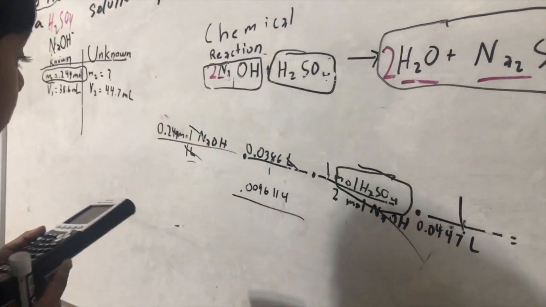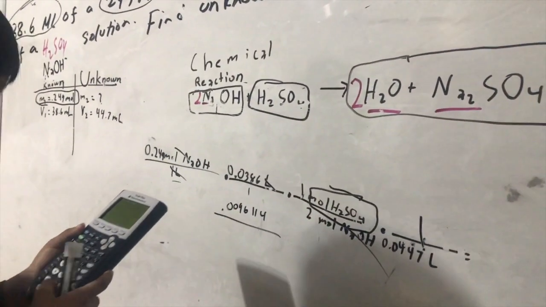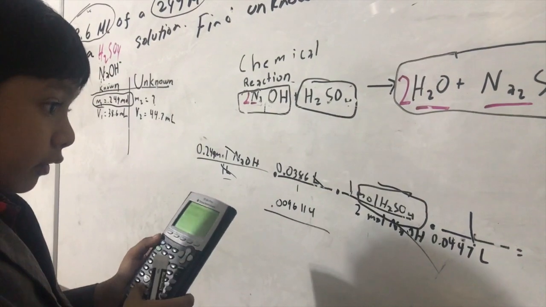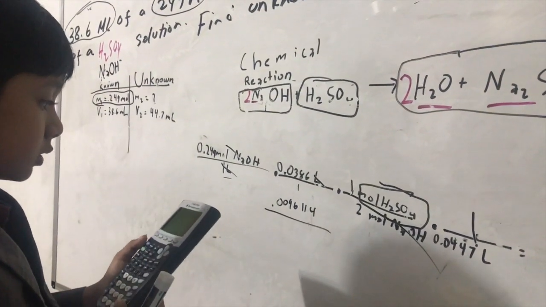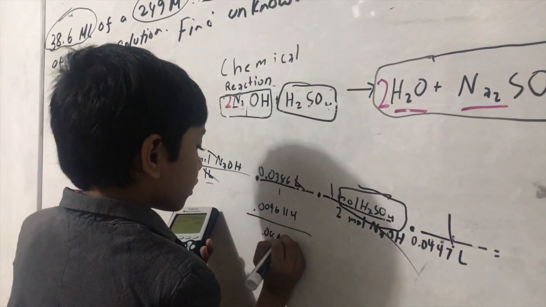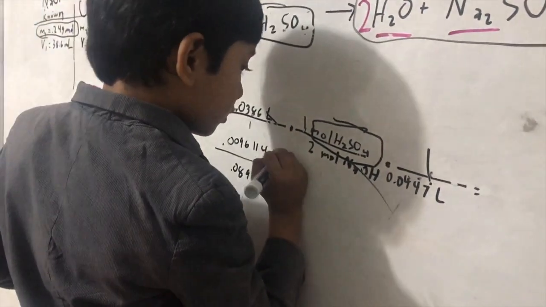Divided by 2 times 0.0447, which is 0.0894. So the answer is moles of H2SO4 divided by liters.